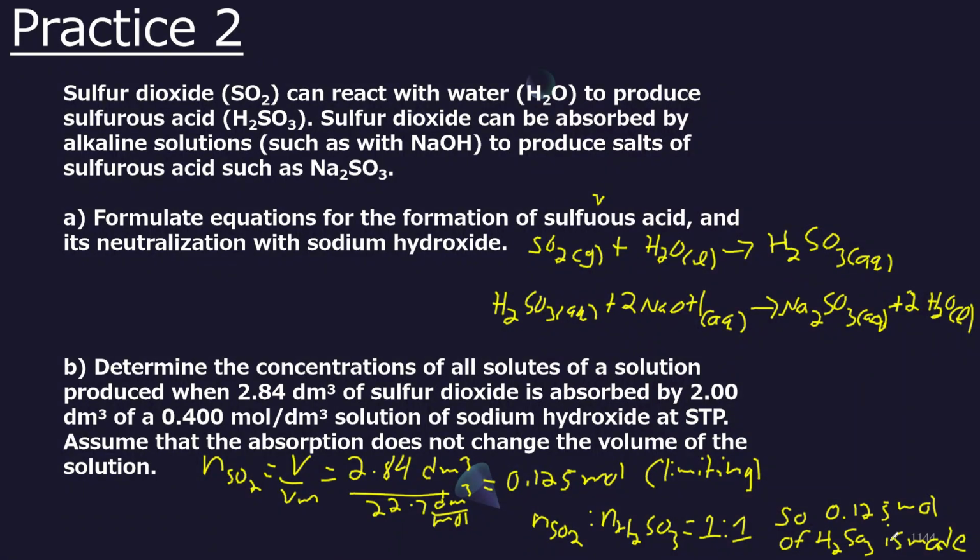All right, so that can bring us to the second equation here, where our H2SO3 will react and neutralize with the base. And I'm still going to assume that our acid here is limiting. It looks like we have plenty of base, but we also have a ratio of 1 to 2. We would need twice as much base. So I'm just going to move up to the top here and consider that ratio. So the mole ratio in chemical equation 2 between H2SO3 and NaOH is 1 to 2.